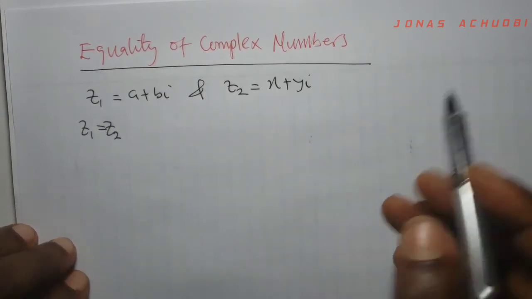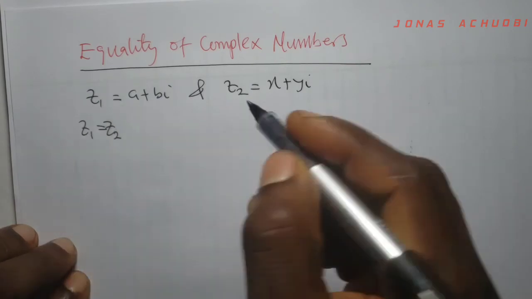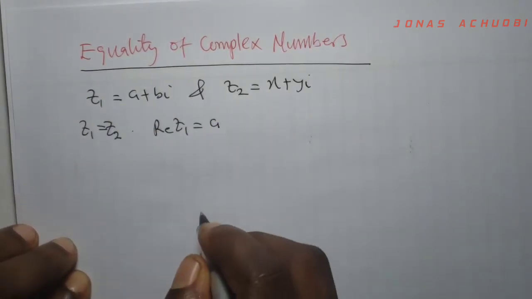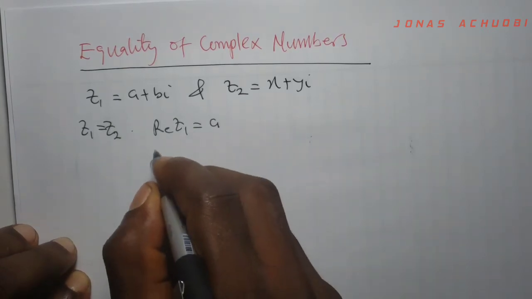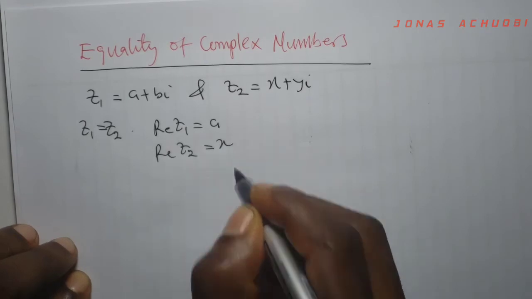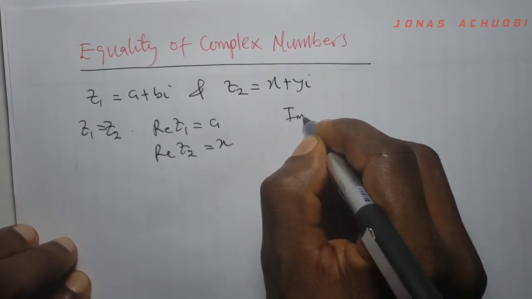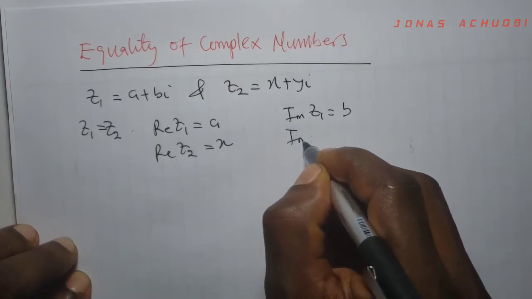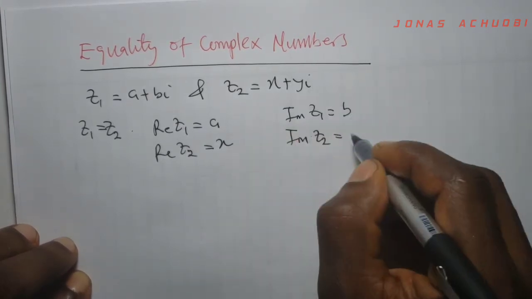What are we saying here? Now, what's the real part of z1? We know already by now that the real part of z1 is a. And the real part of z2 is what? Is x. Now the imaginary part of z1 is b. And the imaginary part of z2 is what?